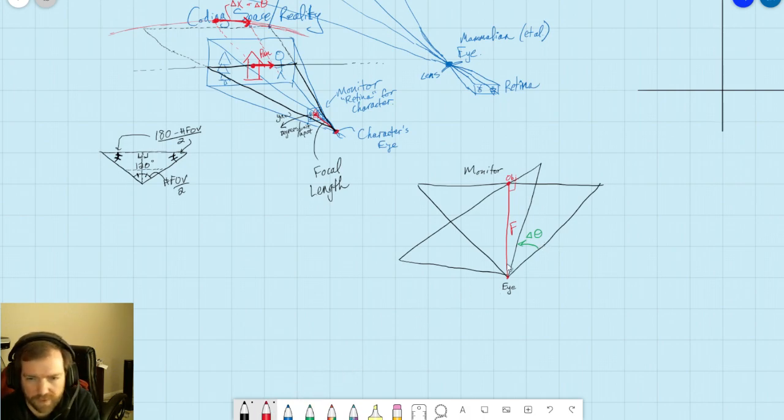Yep. So this is going to be focal prime, and our object has apparently moved this flat distance across our monitor.